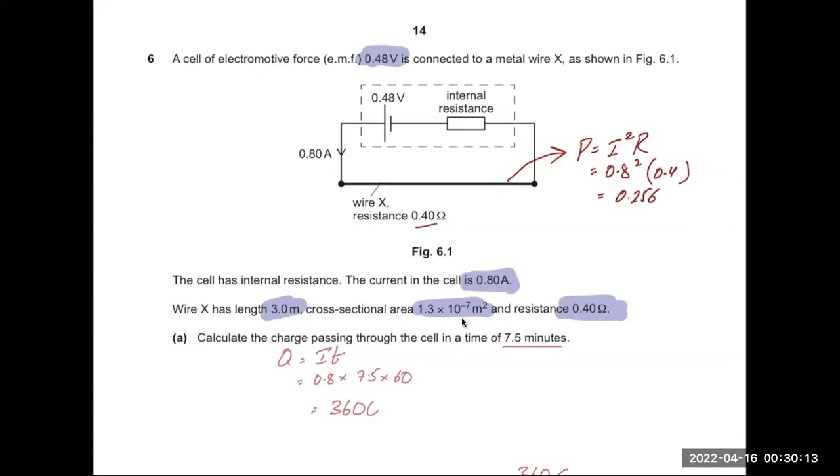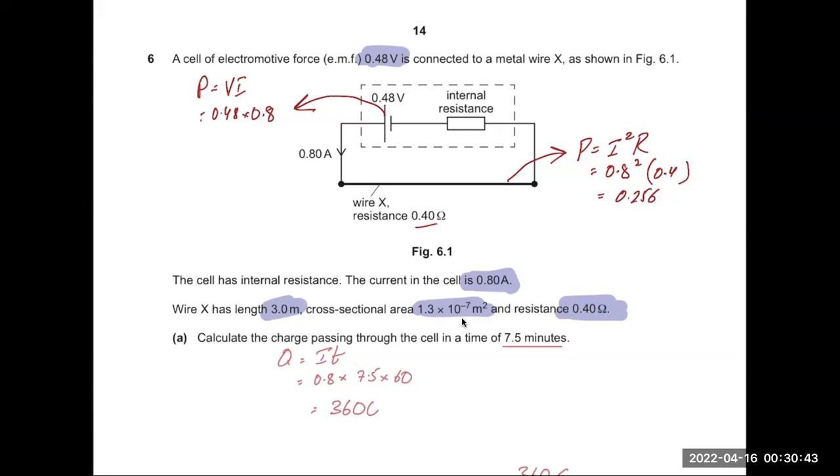You need to then find out what is the total power given by this cell? The total power given by this cell is power equals VI. What is the V in this case? It is the EMF of the cell. The EMF of the cell is 0.48. The current given off by the cell, or the current produced by the battery, is 0.8.